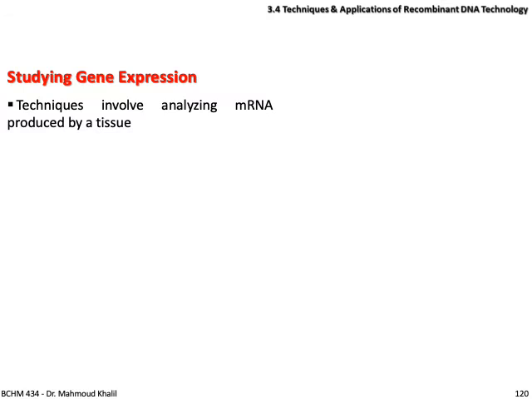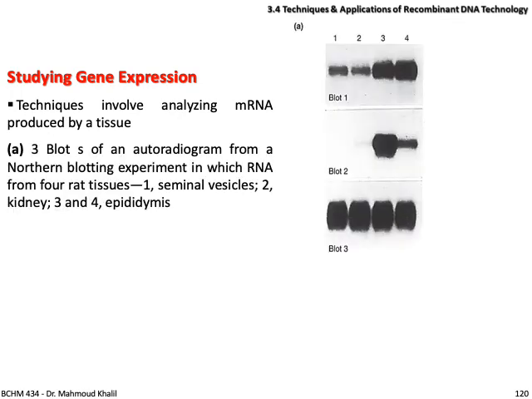To study gene expression, techniques involve analyzing messenger RNA expression. You can see here from plot 1, these are actually 3 plots of an autoradiogram from a Northern blotting experiment.